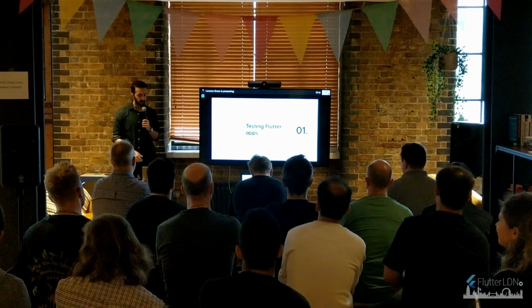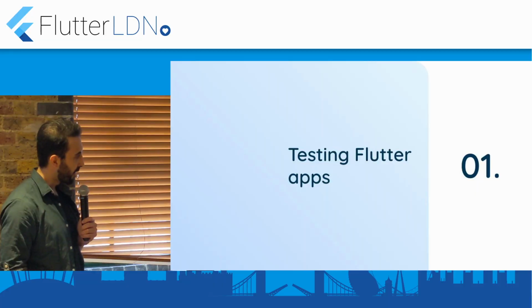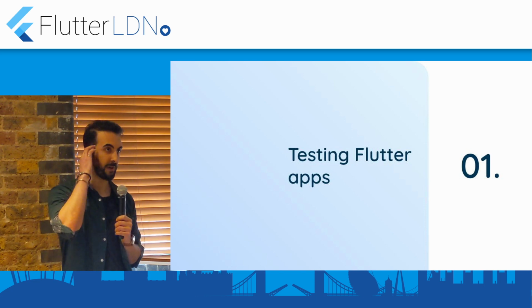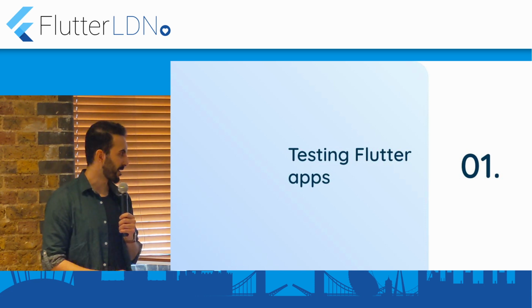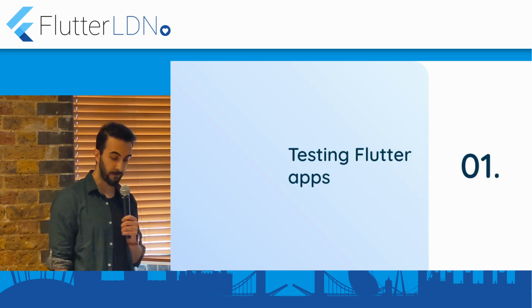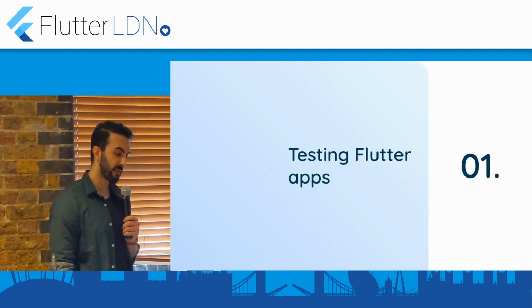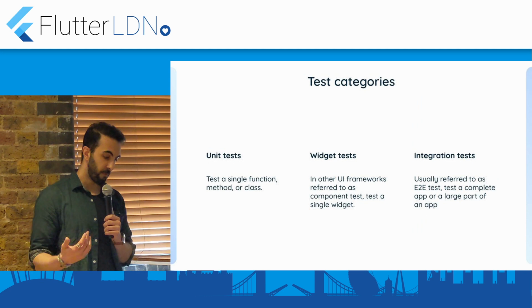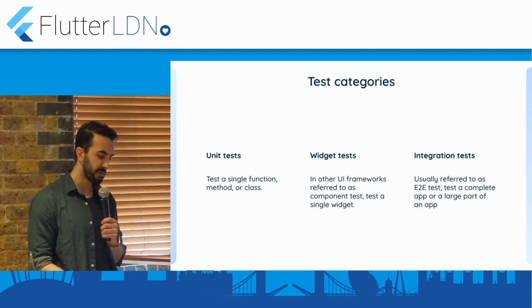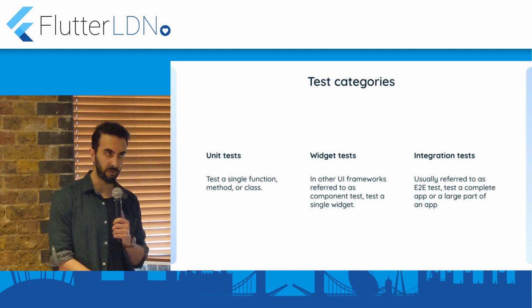So let's start by talking a bit about testing in Flutter apps. I'm pretty sure that 90% of you already know what I'm about to say, but I'm going to spend just a couple of minutes to create a foundation for the talk, talking about the different test categories that we have in Flutter. We have 3 main categories: unit tests, where we test a single function, method, or class.